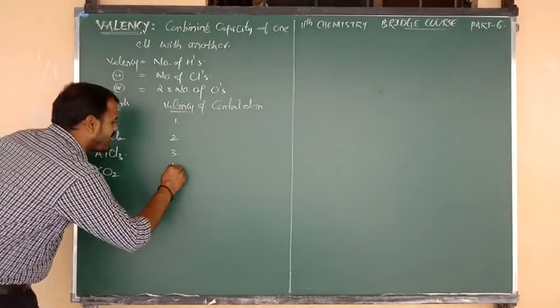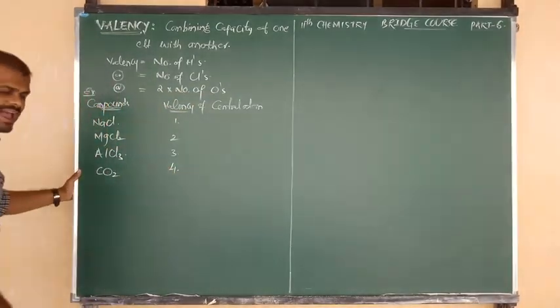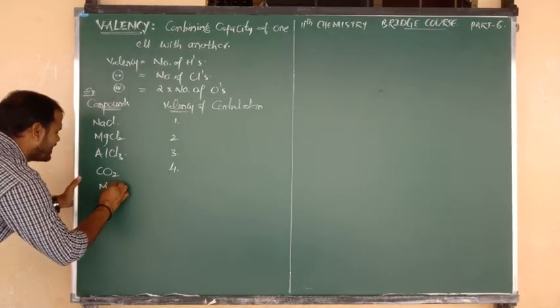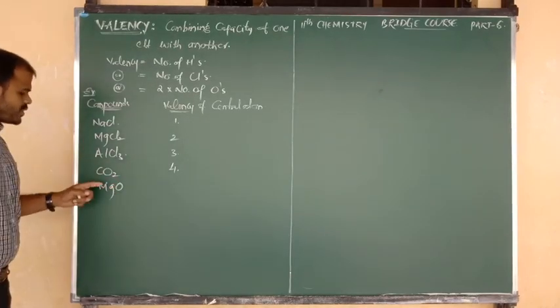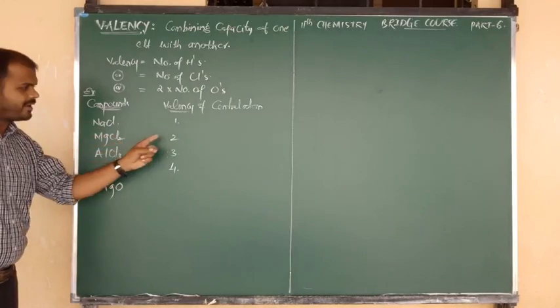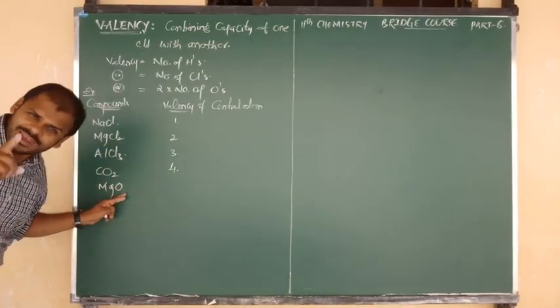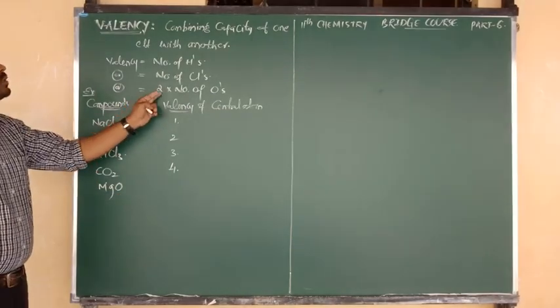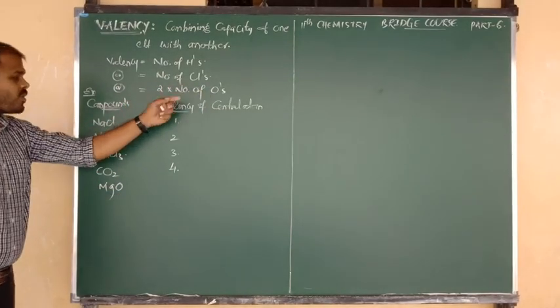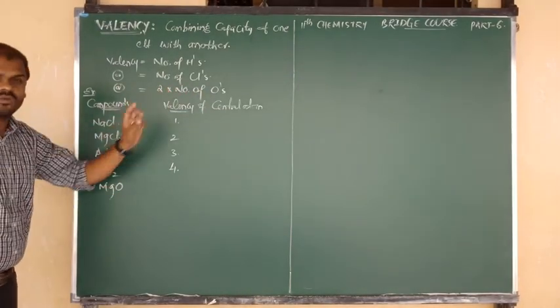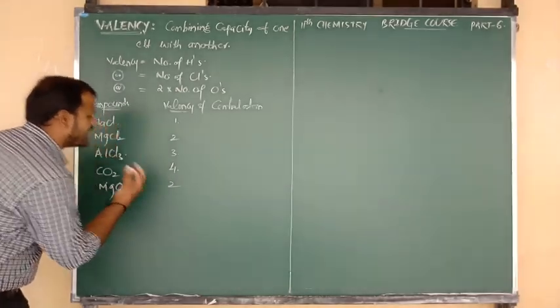So the valency of carbon is 4. Another example is MgO. One magnesium can combine with 1 oxygen, so is the valency 1? No. It is 2 into the number of oxygen atoms. How many oxygens are there? 1. 2 into 1. Again, Mg valency is 2.